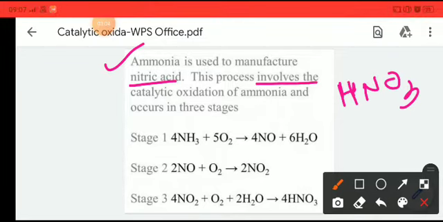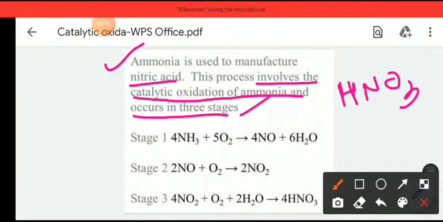This process involves the catalytic oxidation of ammonia and occurs in 3 stages. This process is named as catalytic oxidation of ammonia.